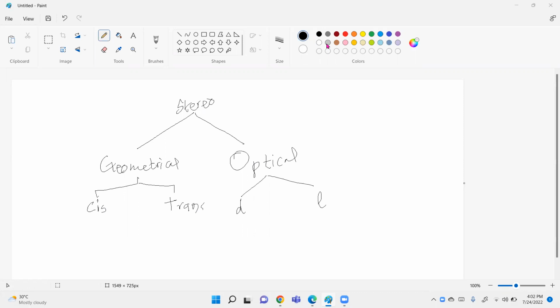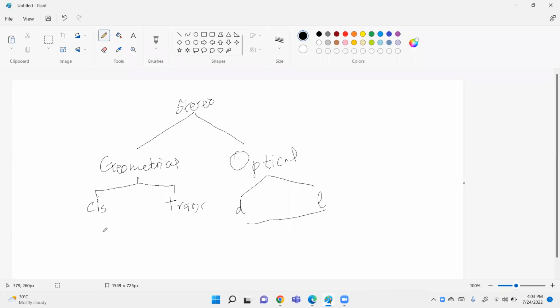This basic thing should be understood. Geometrical isomers give cis and trans. Optical isomers have D and L. This D and L, we don't learn about in our syllabus. If we can draw 2 optical isomers as mirror images, that is the maximum thing you are expected to know.